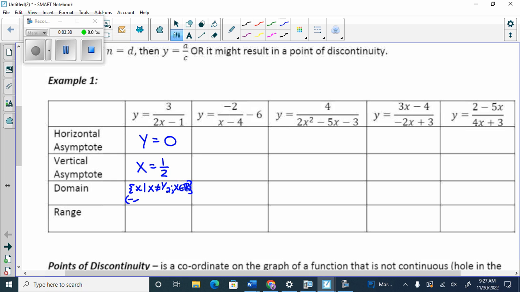You're going to go negative infinity to 1/2, round bracket, or 1/2 to infinity. The only thing you're not including here is square brackets, so 1/2 is the only thing that's not included. And then same thing with range. What's the only thing that doesn't exist? 0. So we would say y such that y can't equal 0, y is an element of the reals.